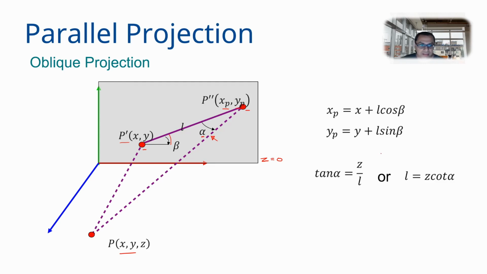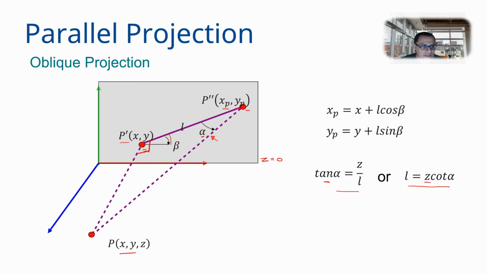How can we do that? We say that tan alpha is Z by L. You can easily see that Z is the distance of this point from the plane, because it is the third coordinate, and this is L. This angle here is 90 degrees, and this angle is alpha, therefore tan alpha is Z by L, or L is Z cot alpha.